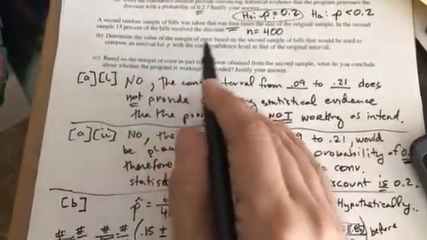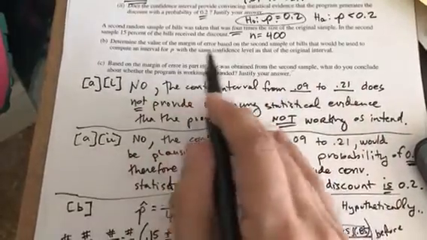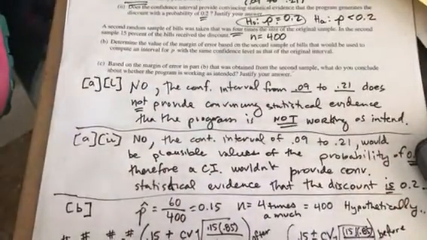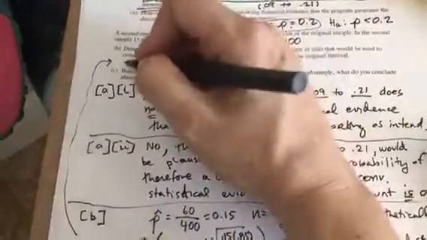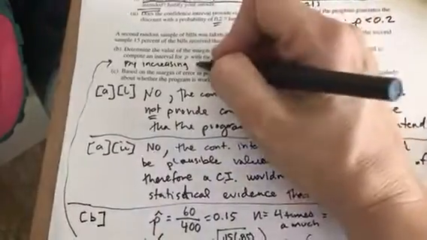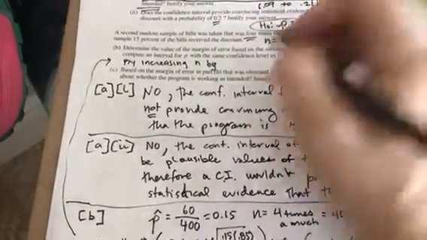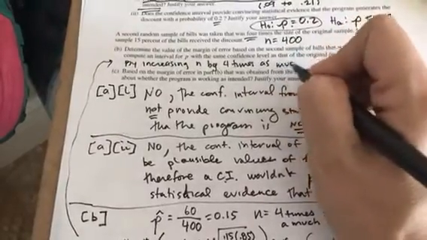So it says determine the value of the margin of error based on the second bills that would be used. So I'm actually going to go up here and answer the rest of this question by increasing n by 4 times as much.